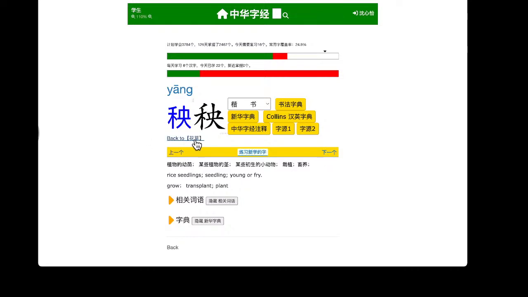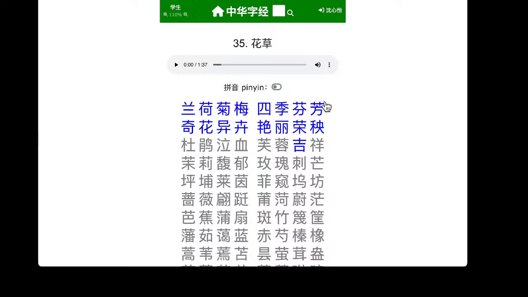Let's see. Yeah, okay, so that's all for today. And so 兰和菊梅, that actually refers to 4 flowers. Those flowers all smell very good. So 四季芬芳 means that in all 4 seasons you can enjoy the aroma of those flowers.